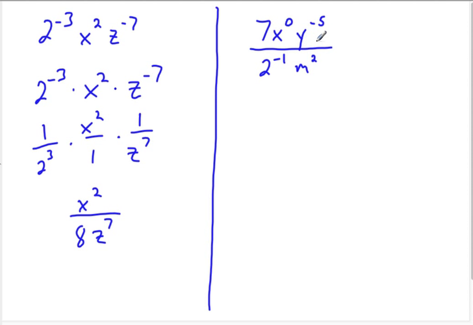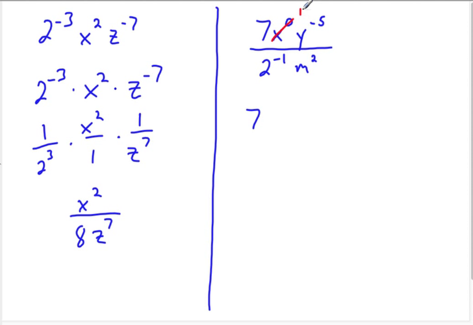Let's take a look at this one. So like I said before, if there's a negative exponent on the top of a fraction, this thing's going to move to the bottom. And if it's on the bottom, it's going to move to the top. So what we have here is 7. Then we have x to the 0. That's just going to be 1. So that essentially we can forget about that.